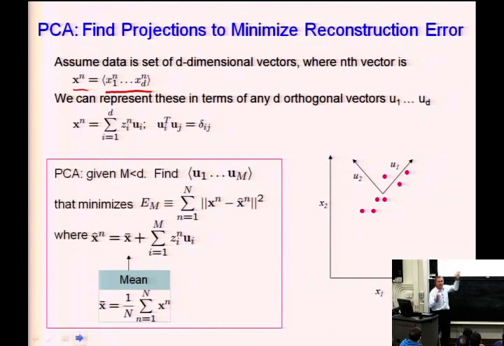Suppose we want to go from d dimensions to some much smaller m dimension space. And so then what I want to do is I want to find the orthogonal basis, the set of u1 through u2 through um, the orthogonal basis, that minimizes my reconstruction error, which is just the difference between what I would reconstruct and the original.